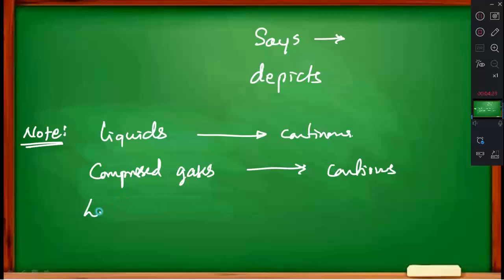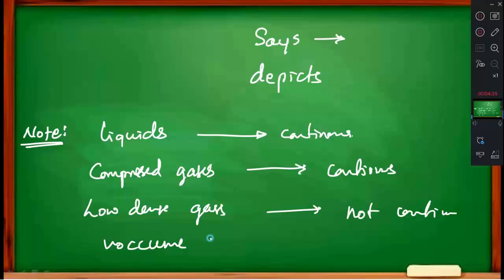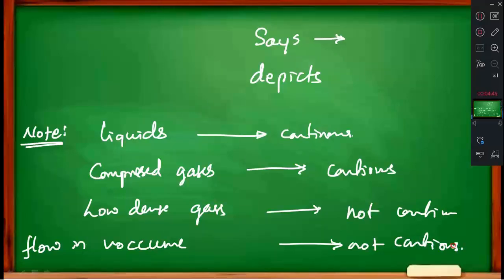Low dense gases are not continuous. Flow in vacuum is not continuous. I will explain the meaning of vacuum later, since we don't yet know what it means.